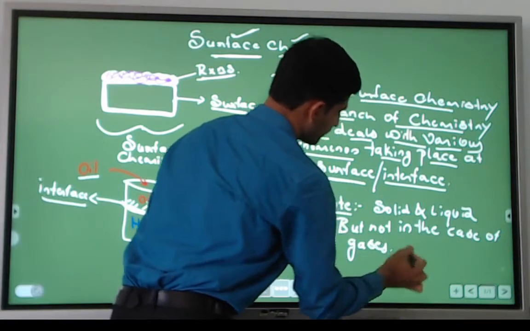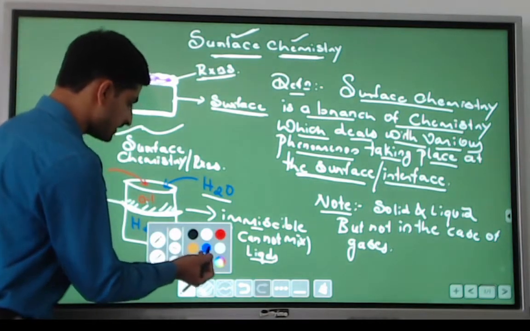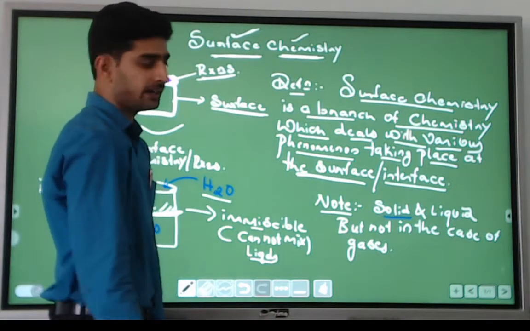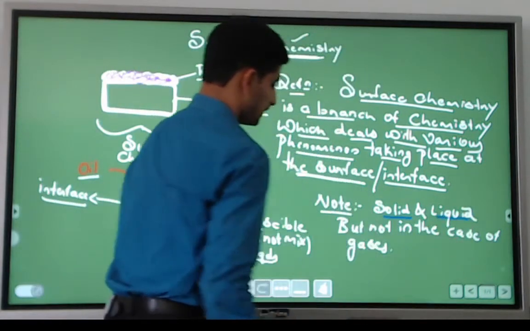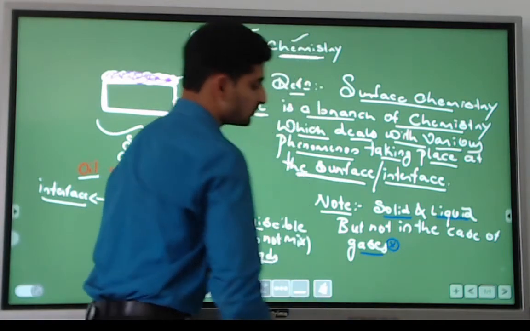Just remember this, observe here. Surface chemistry can be observed in case of solid, in case of liquid, but not in case of what? Gases. In gases, we cannot observe.